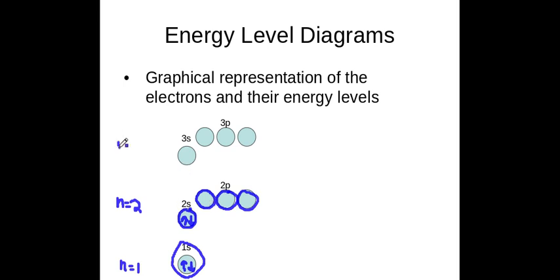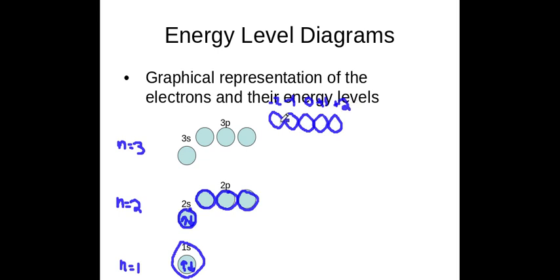And then when we have n equals 3, same thing. We had shape S, shape P, and then also shape D. L equals 0, L equals 1, and L equals 2. When L equals 2, think of this as our -2 orientation, -1 orientation, 0 orientation, +1 orientation, and +2 orientation.